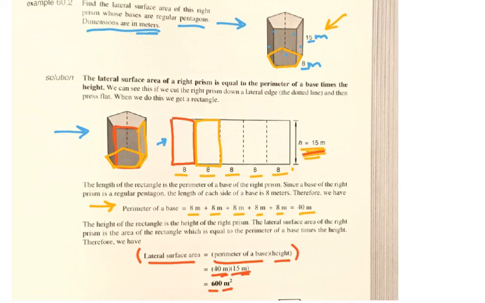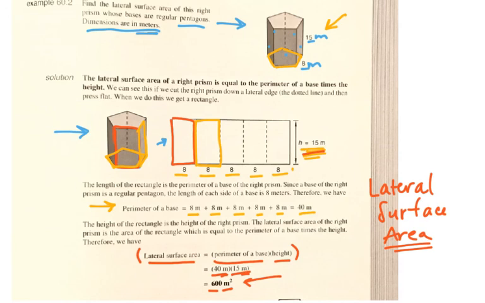Because again, we're not finding the volume here. We're finding the lateral surface area. And area always ends up with their units squared. So then you know you're searching for the area. So that's the surface area all the way around that shape.